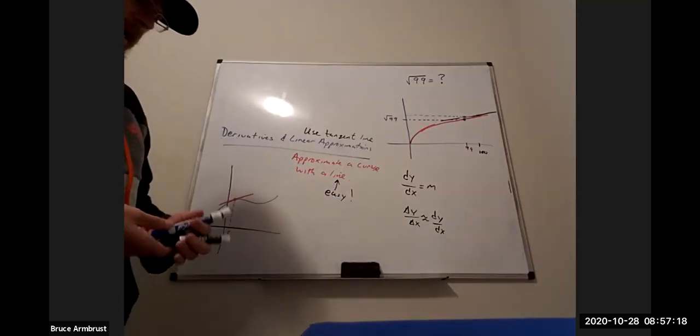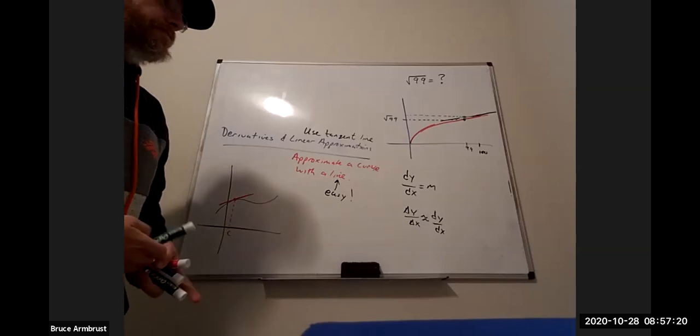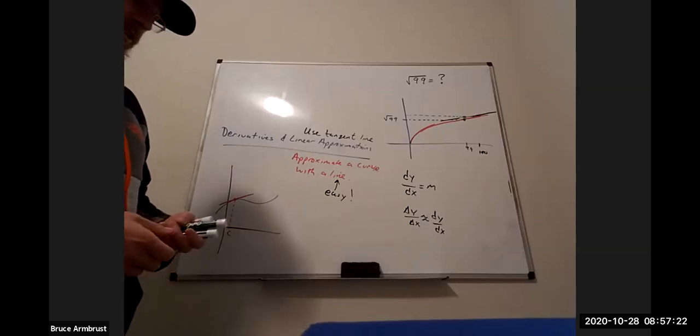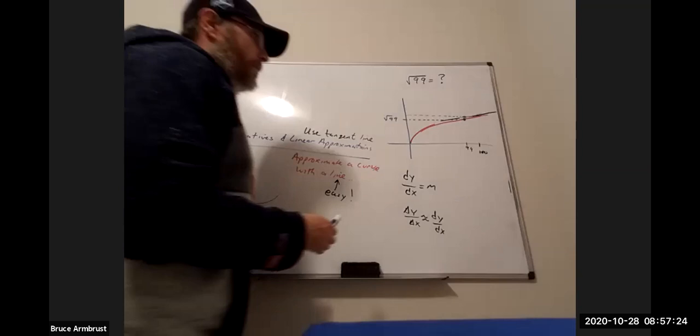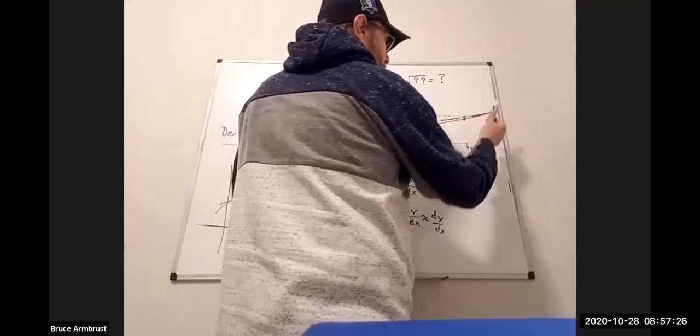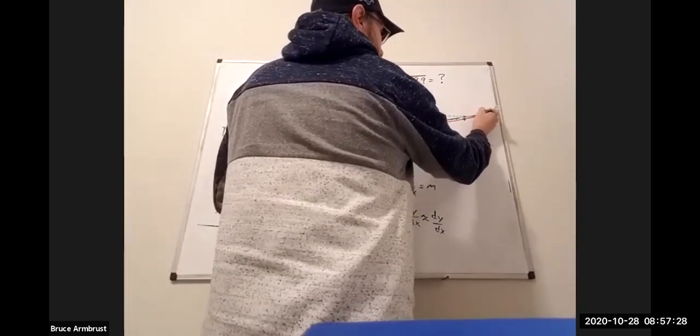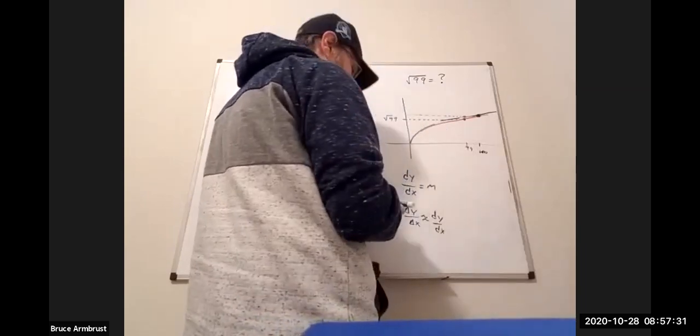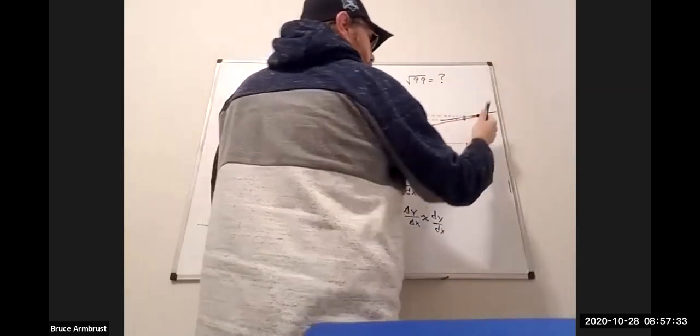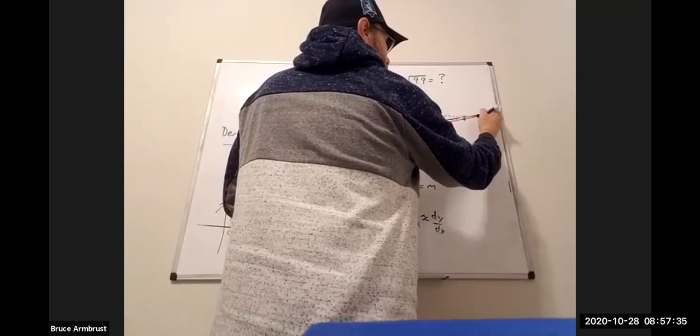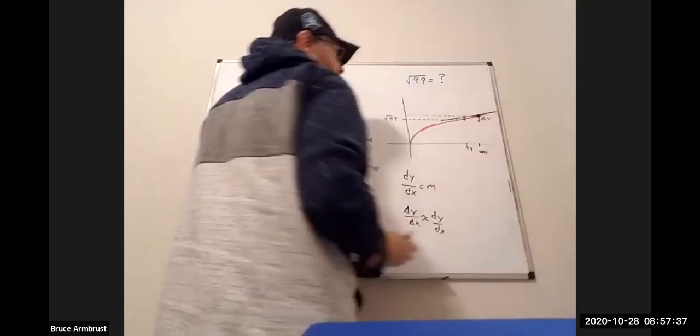So delta y and delta x, those are the actual changes in the function value. So if we go from this point where we calculated our tangent, the delta y is this right here.